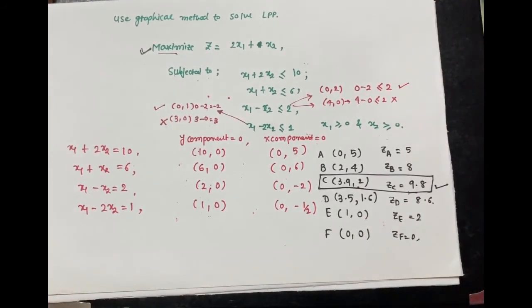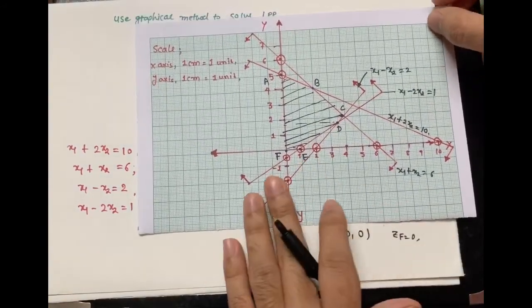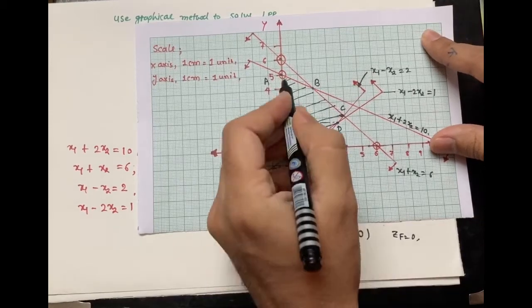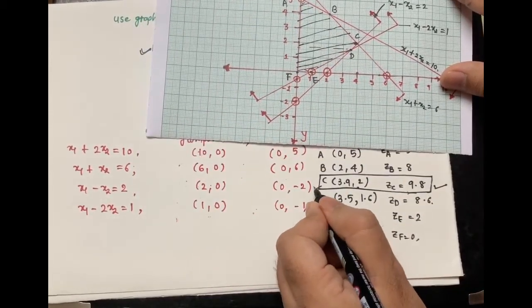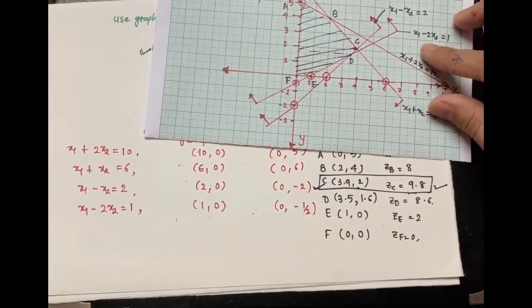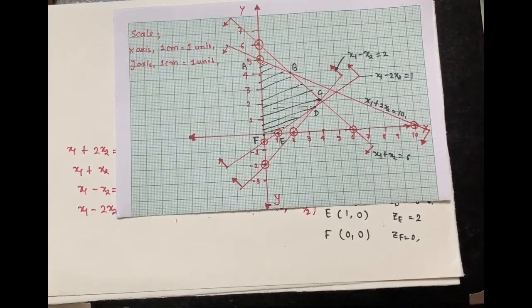I expect now that maximization type is clear, how to select the region is clear, and how to find the optimal solution for the maximization type is clear. So here I pause the lecture on the graphical method. In the third lecture I will again continue with the graphical methods.